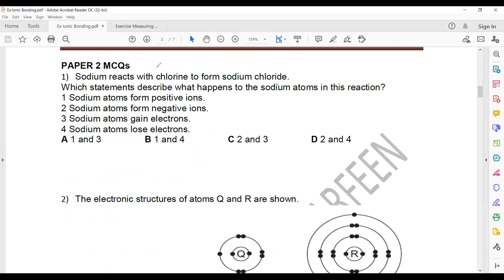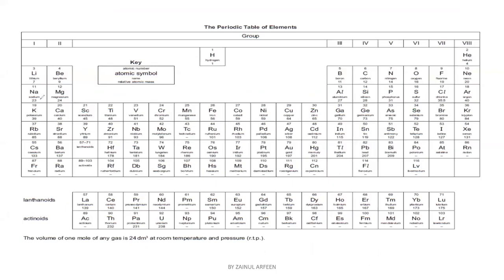So when sodium reacts with chlorine, when we check the periodic table, you will find the position of sodium in group 1. So sodium is a metal.